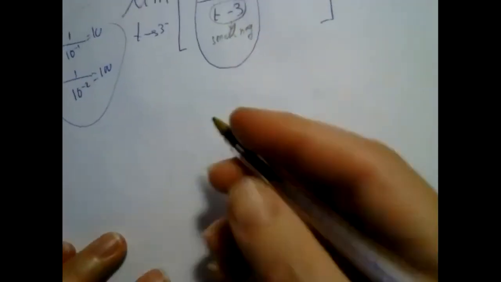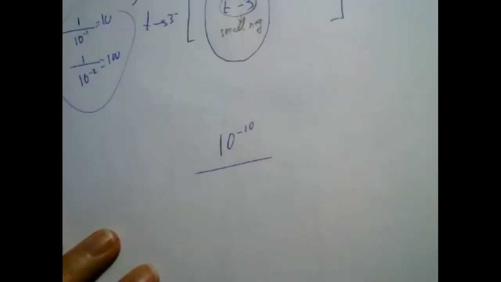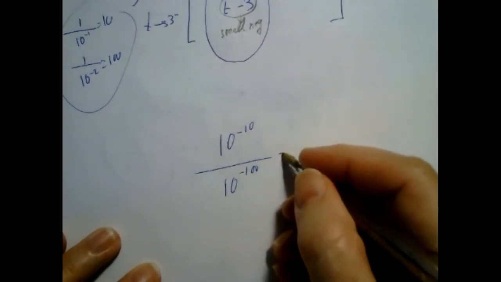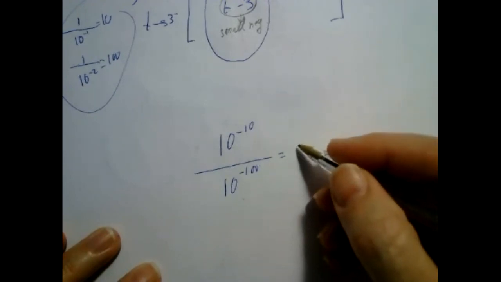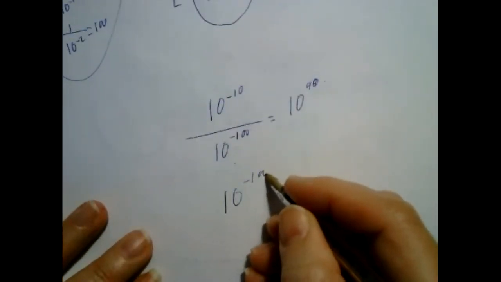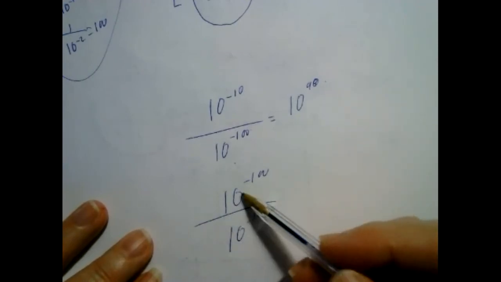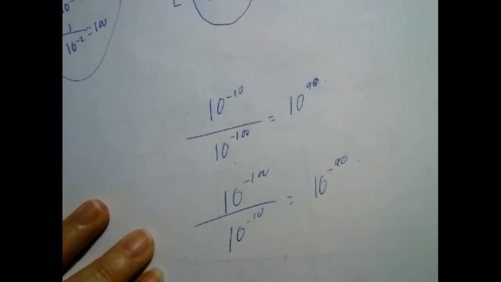Because if you take a small number, let me take 10 to the minus 10, very small, and I divide it by a smaller number, what type of number do I get, large or small? In this scenario, we get large. If I flip, both are small, but this one is way, way smaller, so I get something small.